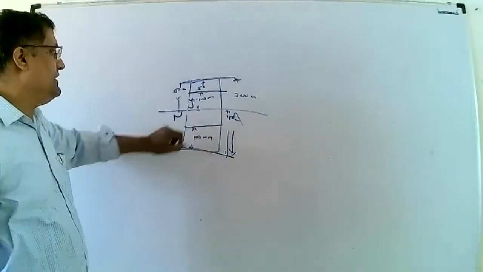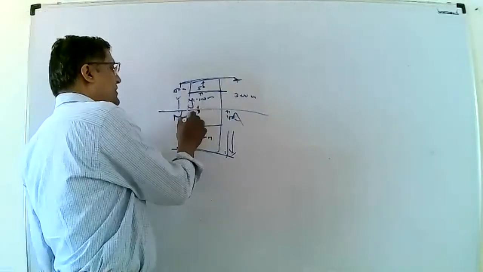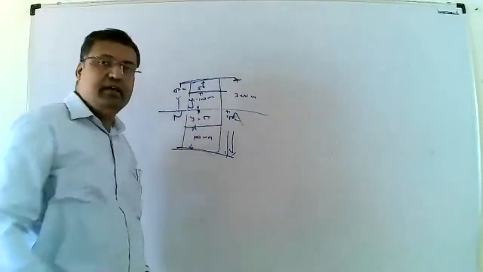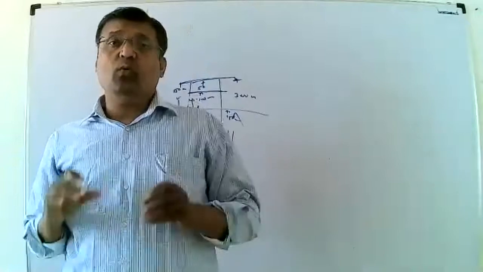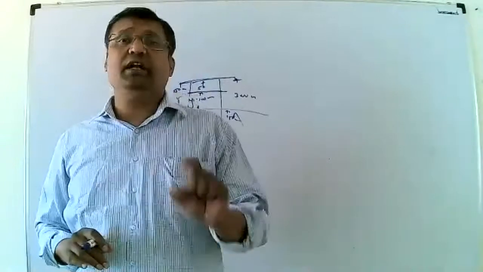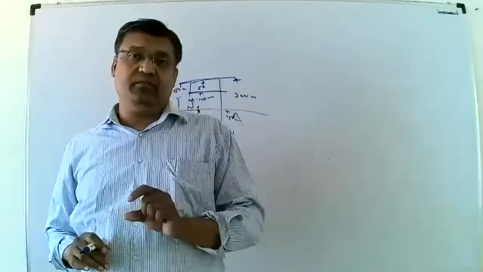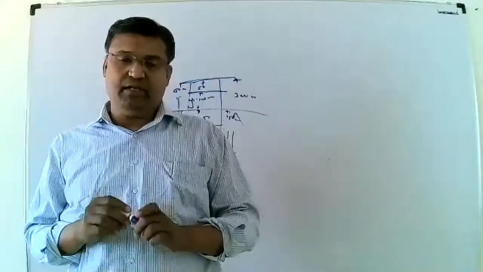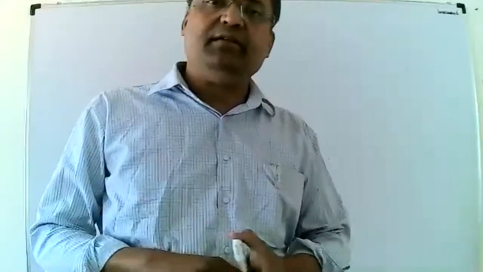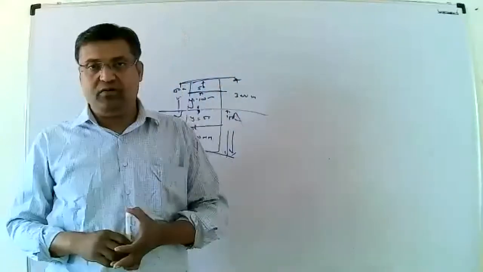This is 150 minus 100, so this distance is 50. Y is 50. This is a very important concept. Y is the distance between the neutral axis and the most extreme layer. The in-between distance is represented by a particular notation y.